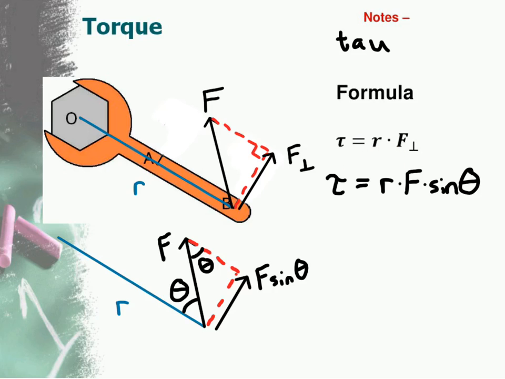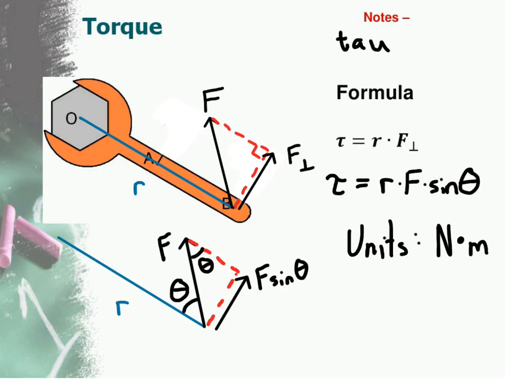So maybe the unit for torque is meter newtons. But actually we switch it around. Very often instead we call it newton meters. That's the order that people put them in. But you'll see it's just force times distance. Okay, so the units of torque are newton meters.